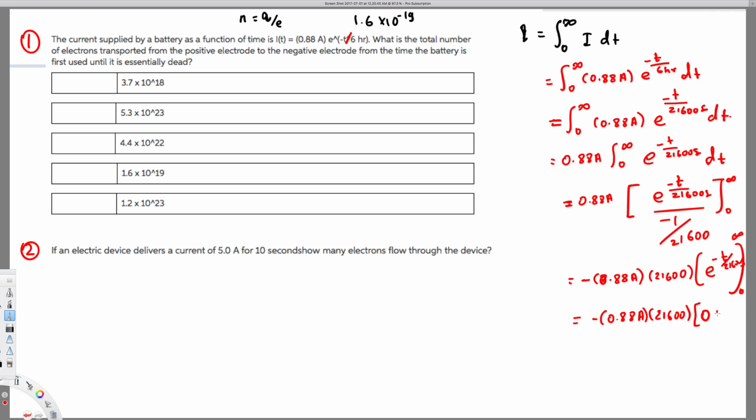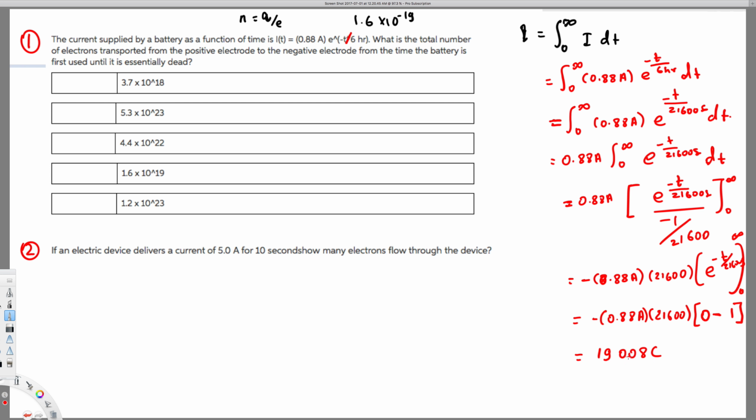If we apply 0, e to the power of 0 is 1. This is minus, not plus, so we get 0 minus 1, which is negative. Negative times negative is positive, so the final answer is positive. Multiplying 0.88 times 21,600 gives 19,008 coulomb. So we have the charge.